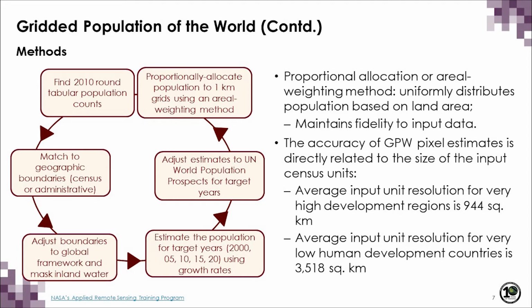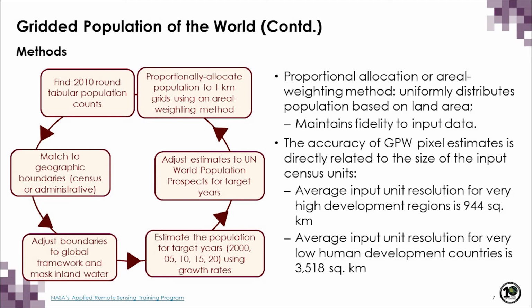We then estimate the population for the target years from 2000 to 2020 in 5-year intervals, and adjust them to the UN World Population Prospects for the target year. Finally, we proportionally allocate population to 1 kilometer grids using an areal weighting method.